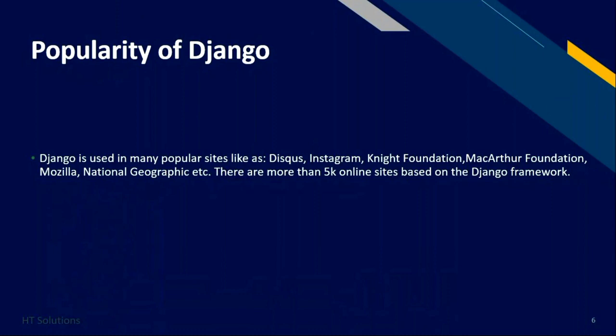Based on opinions, it's about the right way to handle any particular task. Django is somewhat opinionated, hence this delivers the best of both worlds, that is, opinionated and unopinionated.